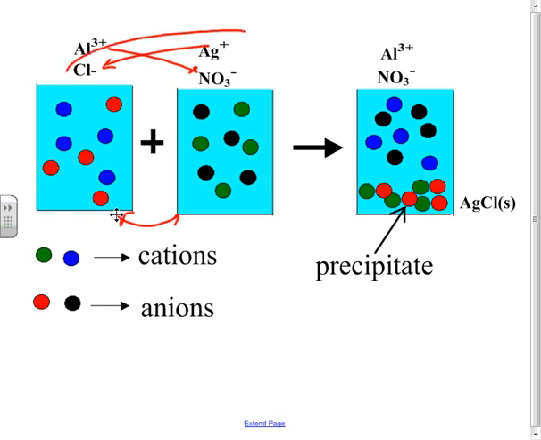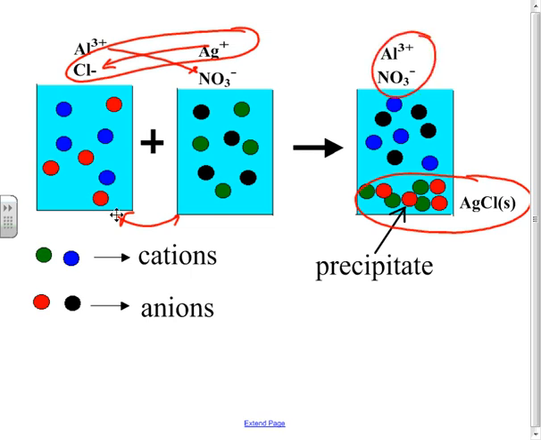And in this case, the silver ions and the chloride ions form a precipitate which settles out of solution, and the aluminum and the nitrate ions stay floating around. So again, these are the spectator ions. They just stay floating around, and the silver chloride are the ions that form the precipitate, and so they show up in the net ionic reaction.